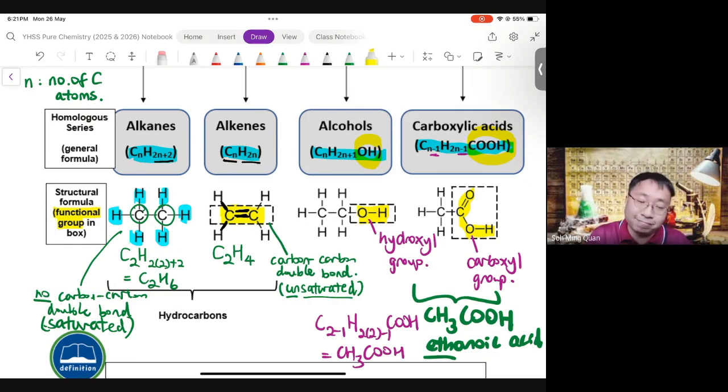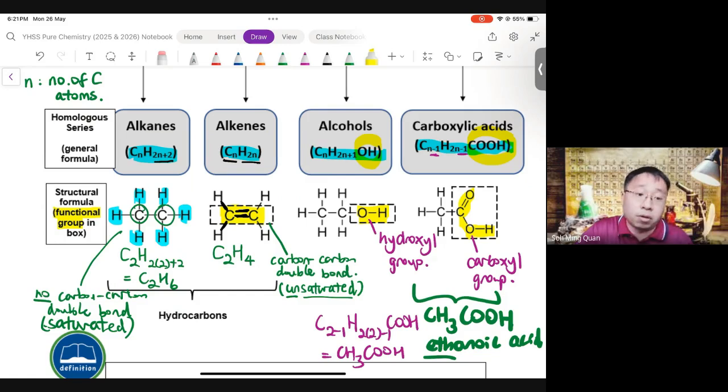All right. Now, are these the only families, only homologous series in organic chem? No. This is the reason why when you reach A level, some of you went to JPJC, you saw the JC2 students were doing nitrogen compounds. There are a lot of other homologous series involving nitrogen. So over here at O level, we restricted it to just these 4. But I'm going to introduce more probably tomorrow's training.